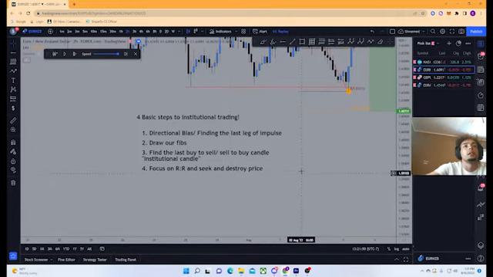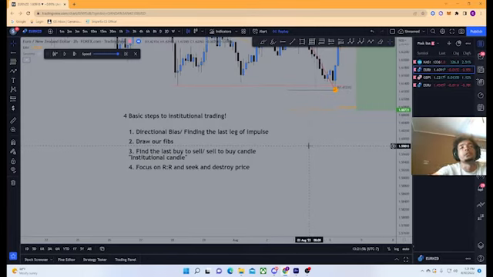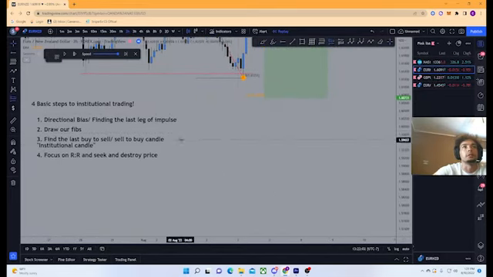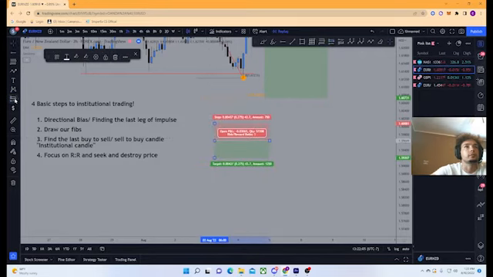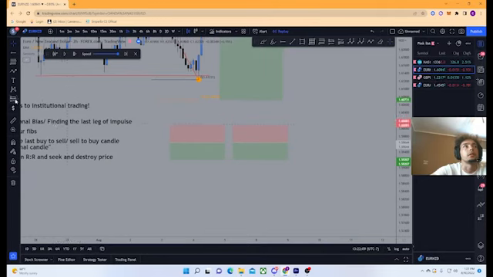Risk to reward is going to be your friend, guys, because you can lose 7 out of 10 trades and still be profitable with trading. Let's put this into perspective. We're going to start off with a 1-to-1.